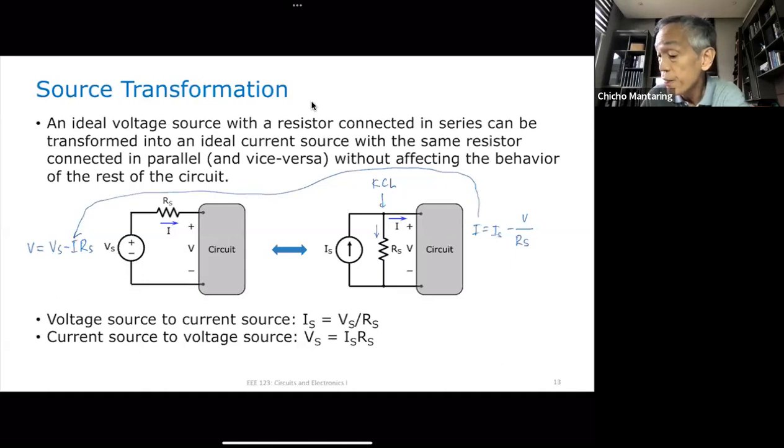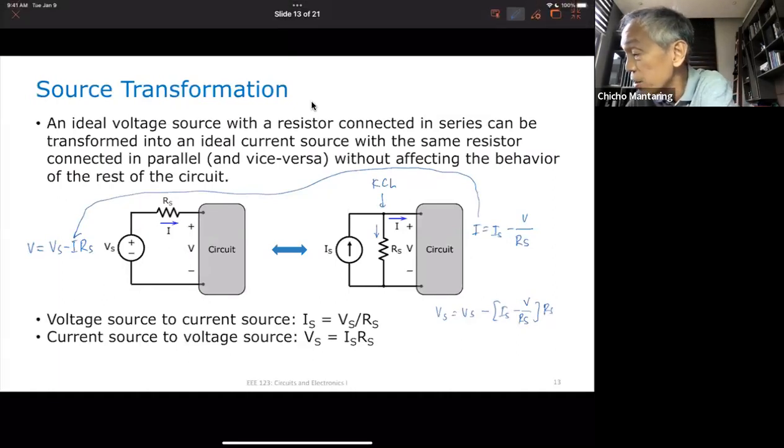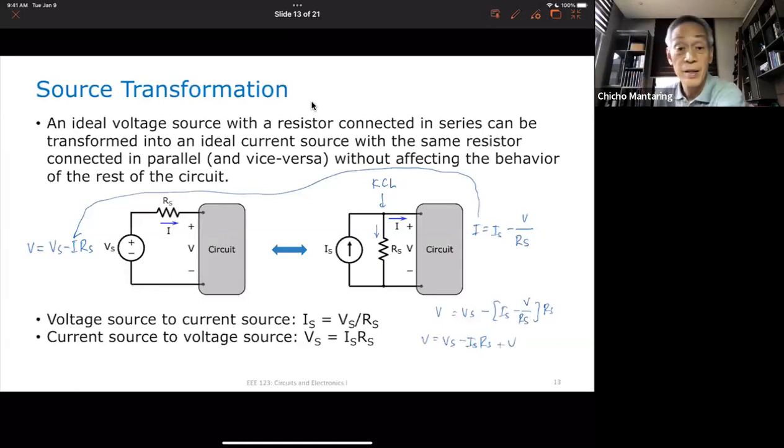So what am I going to get? Now I'm going to get V is equal to V_S minus (I_S minus V over R_S) multiplied by R_S. Oops, sorry, this is V. That's V. If I simplify that, I'm going to get V is V_S minus I_S R_S plus V. This cancels.